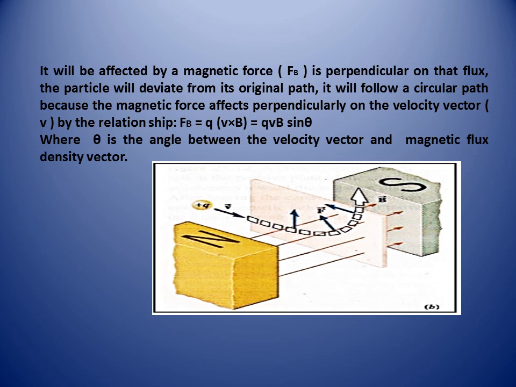When this particle inside this field is affected by the magnetic force, this magnetic force is perpendicular to the plane that contains the velocity of this particle and the magnetic flux density.